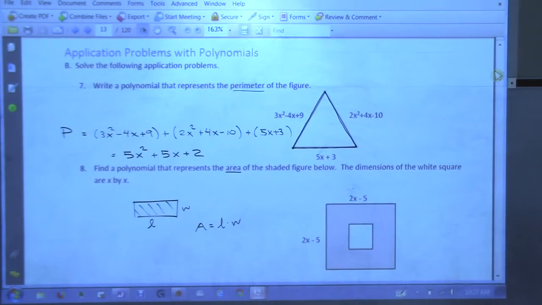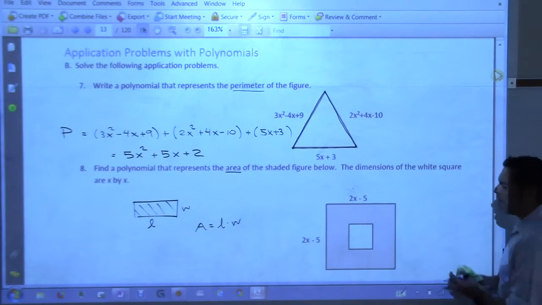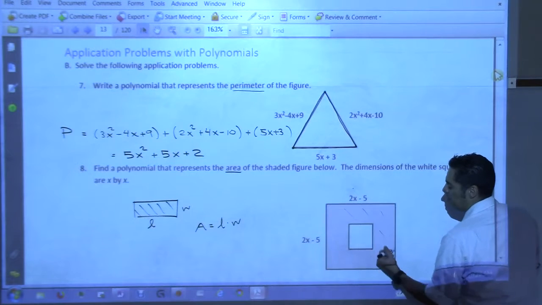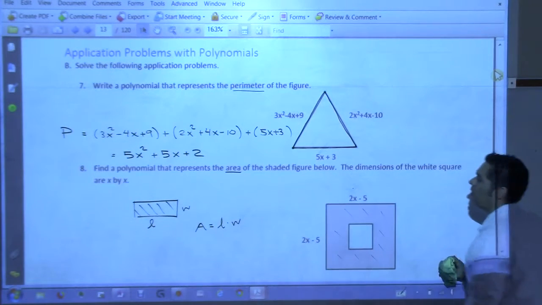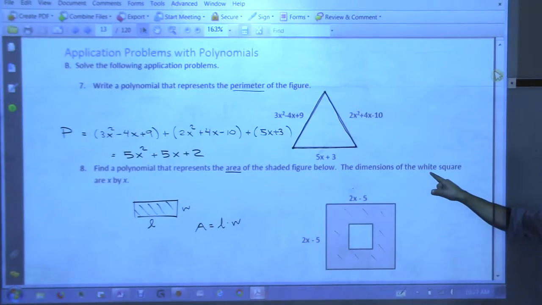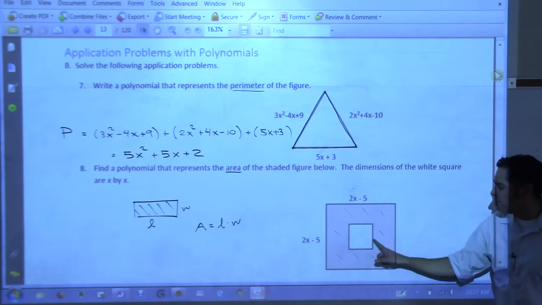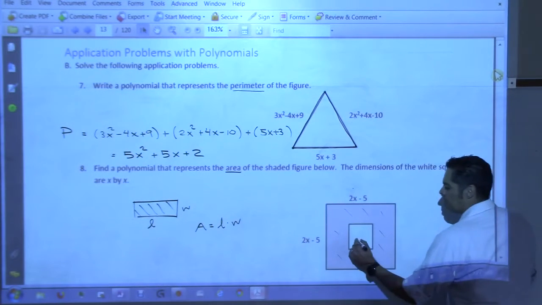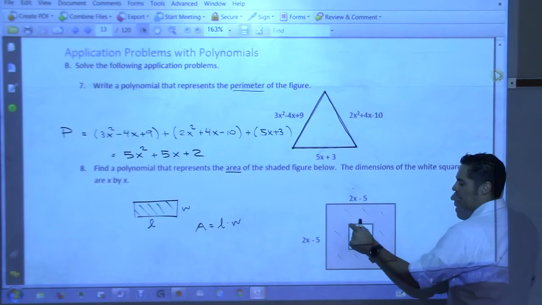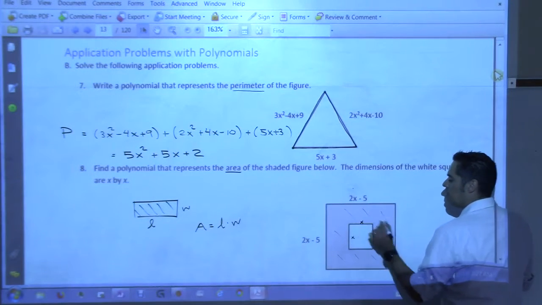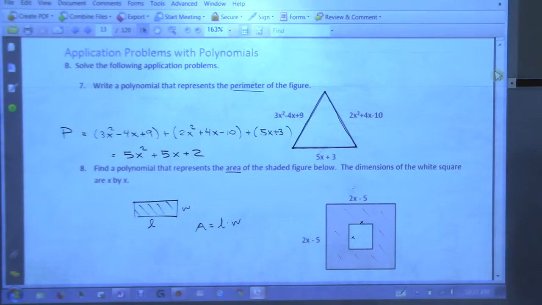So here it says, find a polynomial that represents the area of the shaded region below. This is the shaded region. The dimensions of this white square are x by x. So this side from here to here is x, this side from here to here is x. Can anyone figure out how to set this up?